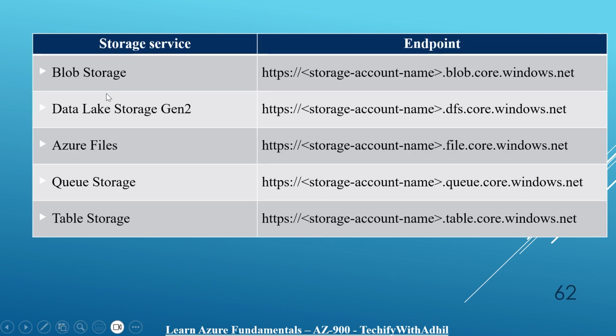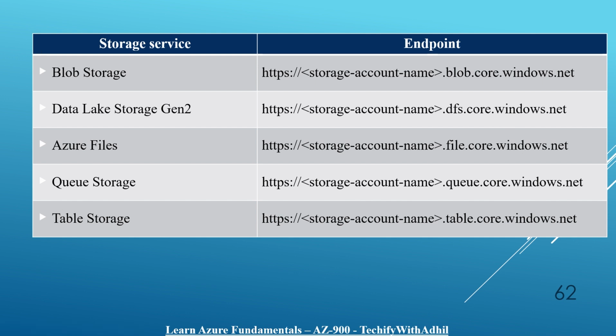This is the storage service and the endpoint, like how you can access it and how the URL is formed for the storage service. For blob storage, it's HTTPS, then the storage account name, .blob.core.windows.net. For Data Lake Storage Gen2, it is the storage account name, then .dfs.core.windows.net.